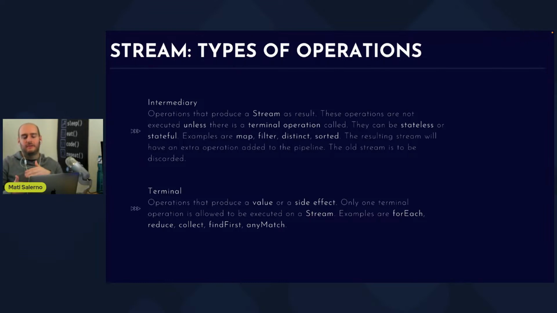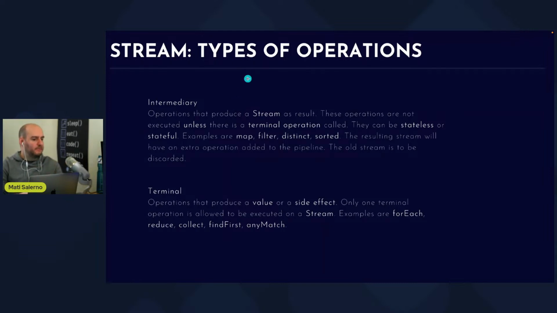It will never even be called. Like the function that you passed on the map operation will never be called. And that is really important, because there are other languages in which if you call map on a list, it will automatically transform that list. But in this case, in Java, we have this differentiation between intermediary and terminal.